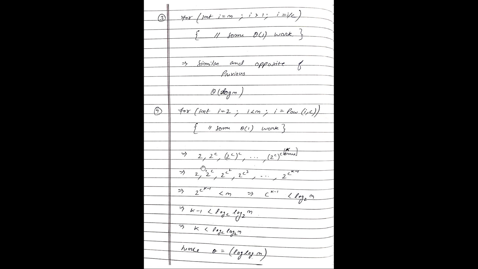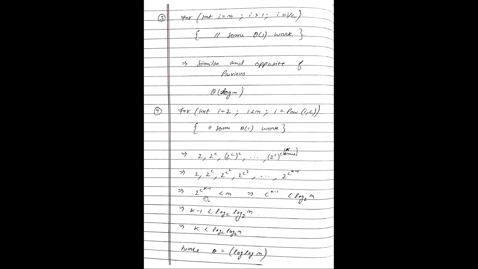The value of i is 2, then the value of i is 2 to the power c, then 2 to the power c again, and it goes on. For example, assume k times, so it is 2 to the power c, k minus 1. We mention k minus 1 because we have an extra 2 here, so to not include it, we subtract 1 from k.